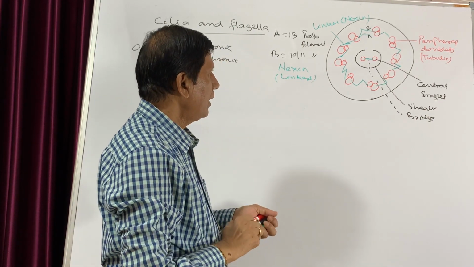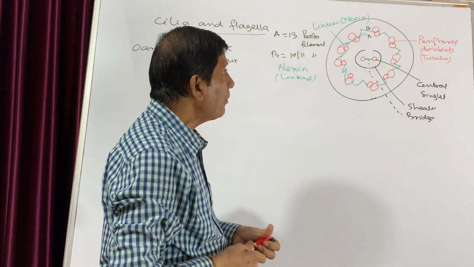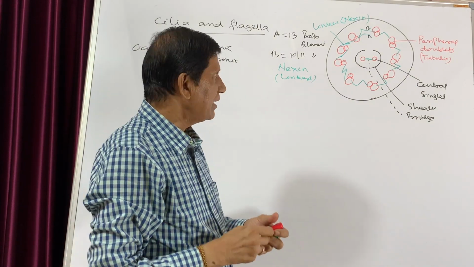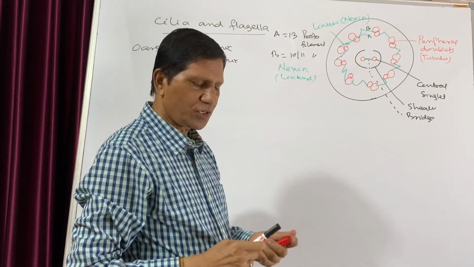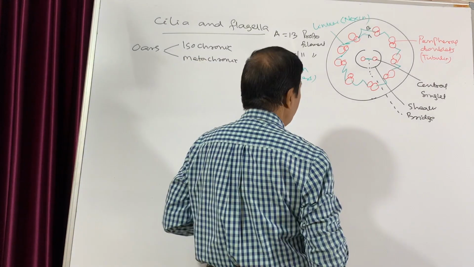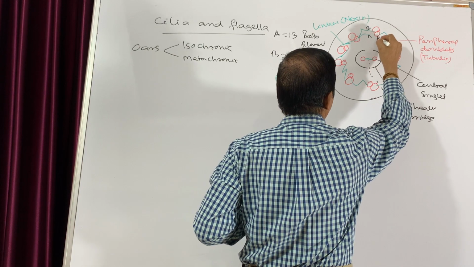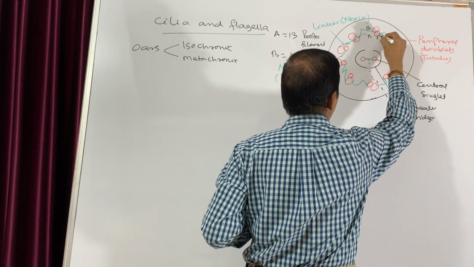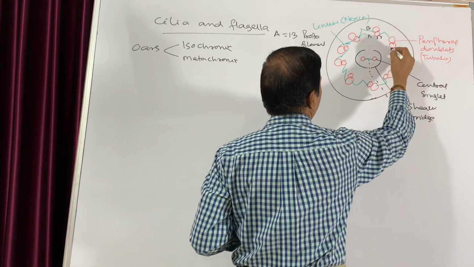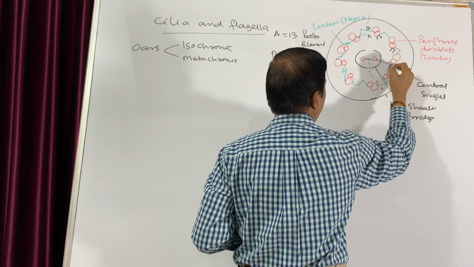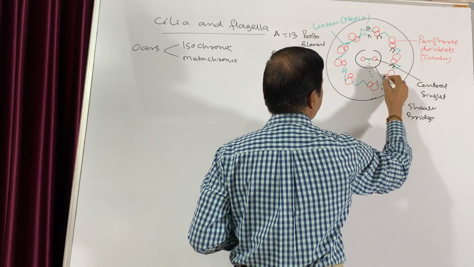Then in the inner microtubule, that is A, there are 2 arm-like structures. Here there are 2 arms. This is the first arm and the second arm is a slightly hook-like structure.